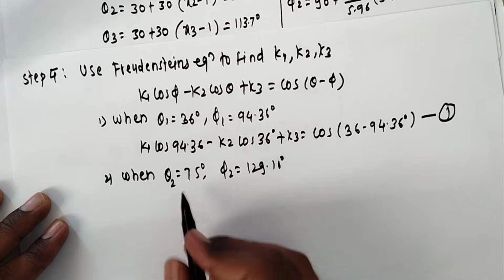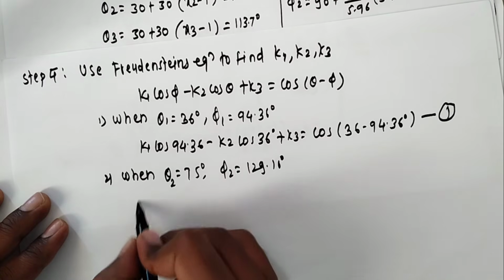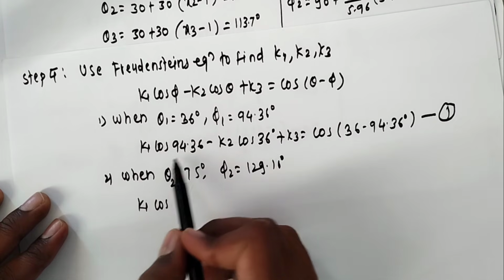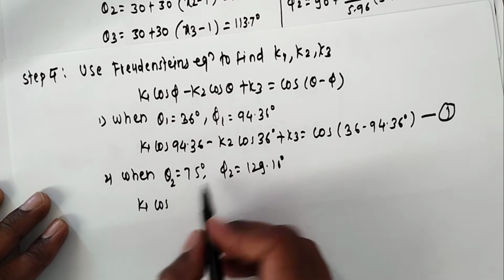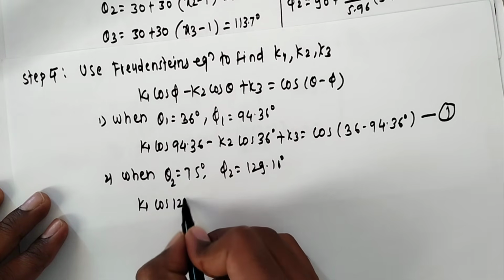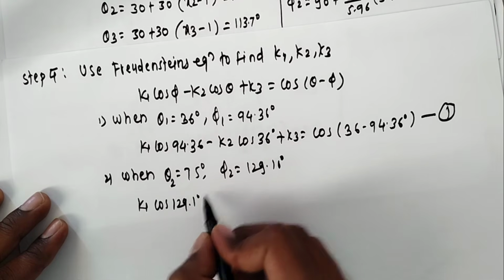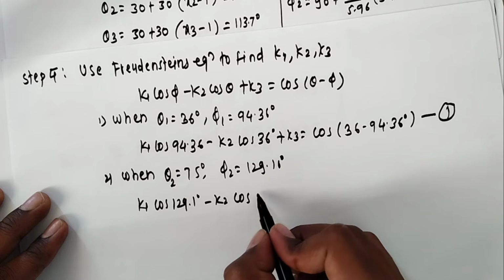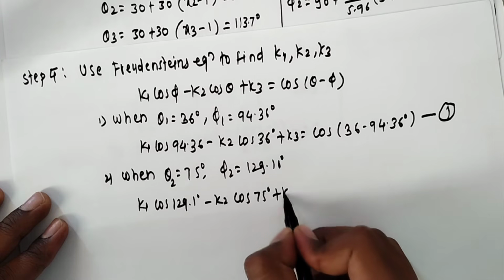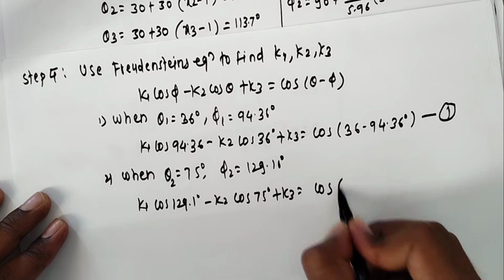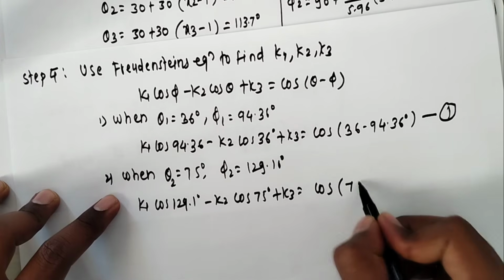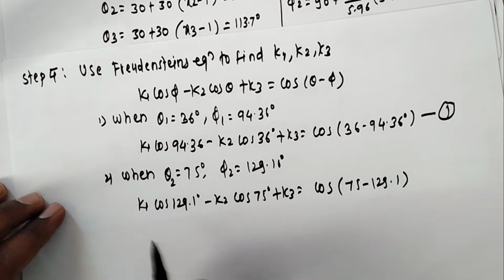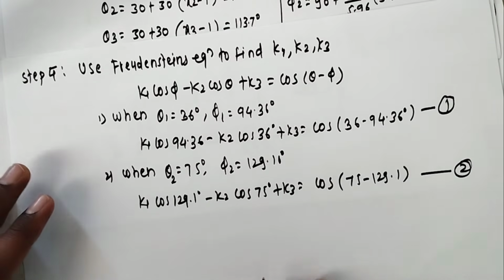Then my equation is k1 cos 129.1 degrees minus k2 cos of 75 degrees plus k3 is equal to cos of theta minus phi, that is 75 minus 129.1. Okay, so it is equation number 2.